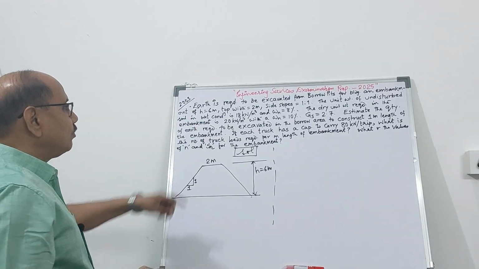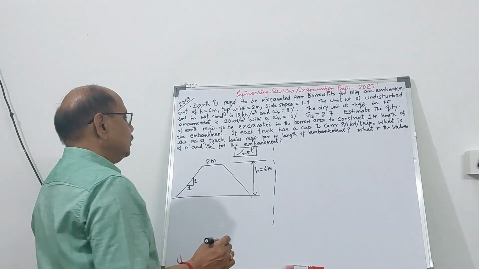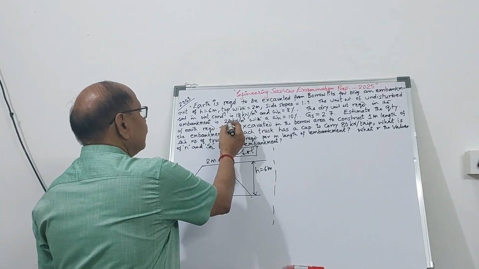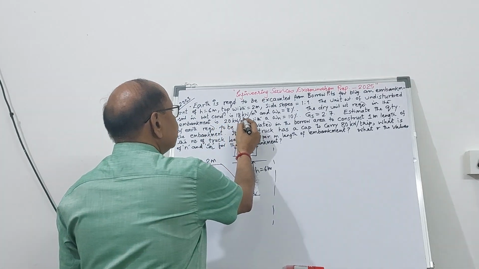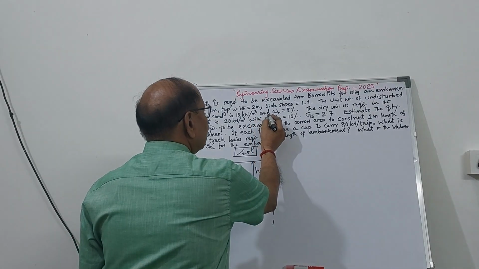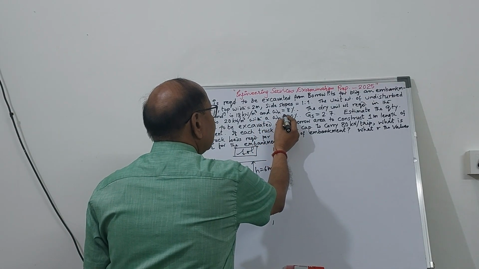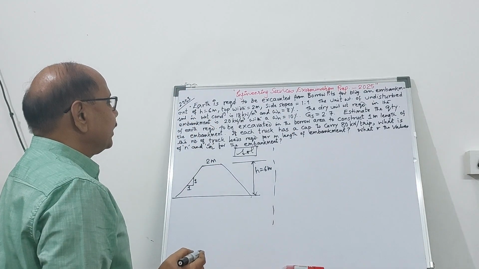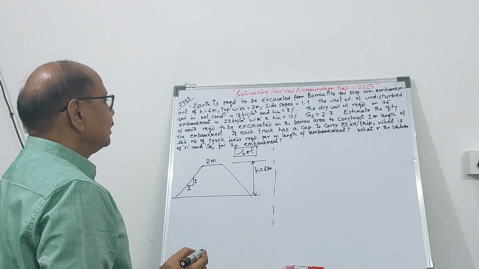The unit weight of undisturbed soil in the wet condition is 18 kilonewton per cubic meter, and the natural moisture content is 8%.